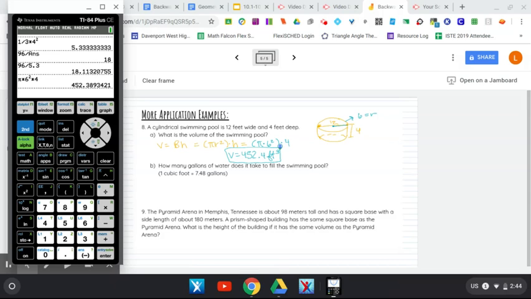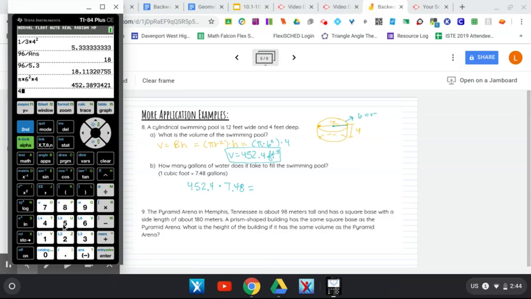So then how many gallons of water does it take to fill the swimming pool? So 1 cubic foot is equal to 7.48 gallons. So I am going to take the 452.4 and multiply it by the 7.48.